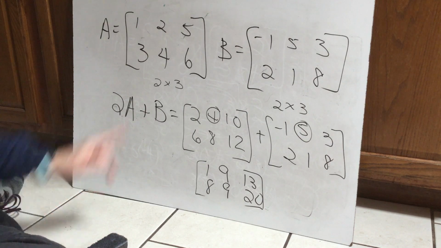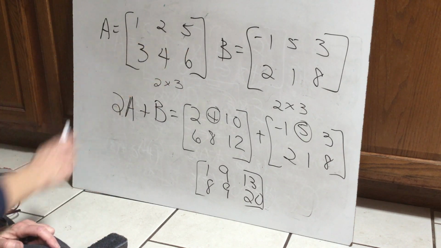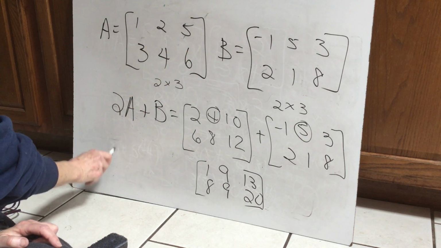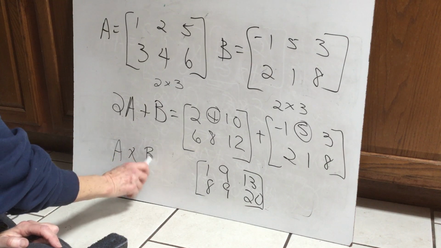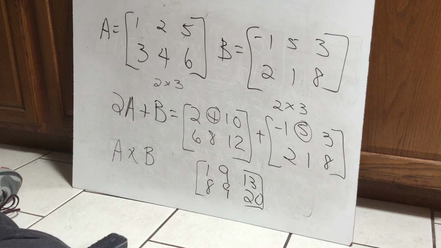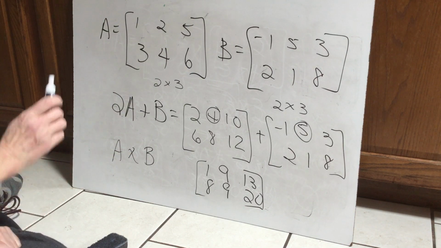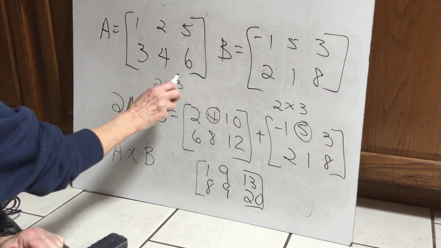The next question, I'm going to stick with these 2 matrices, and the next thing I want you to do is multiply them. All right, we're going to continue talking about multiplication today, but we started it yesterday. Can these matrices be multiplied? Can we do A times B? Well, again, it comes down to the dimensions.